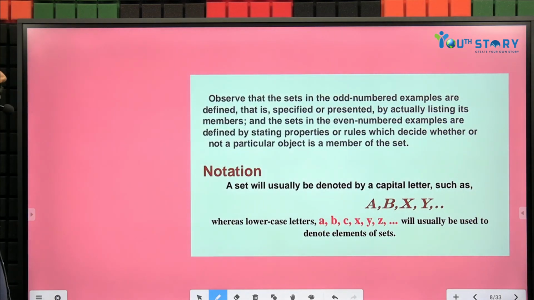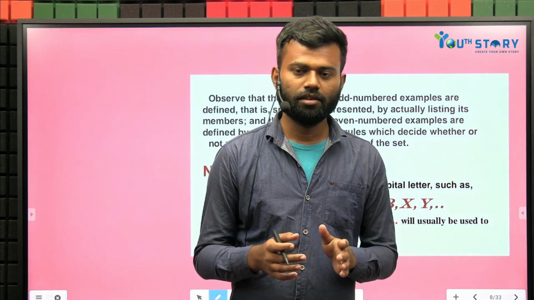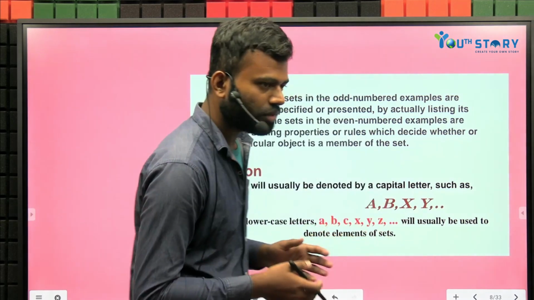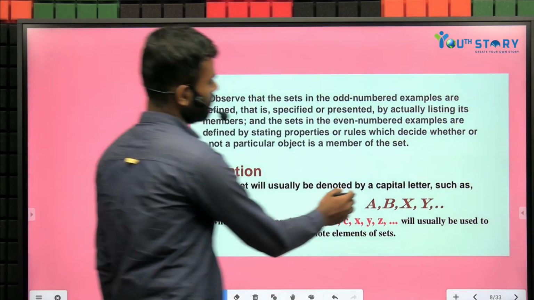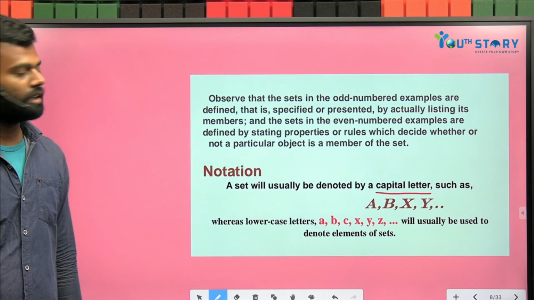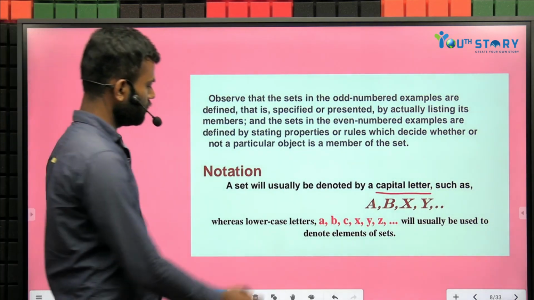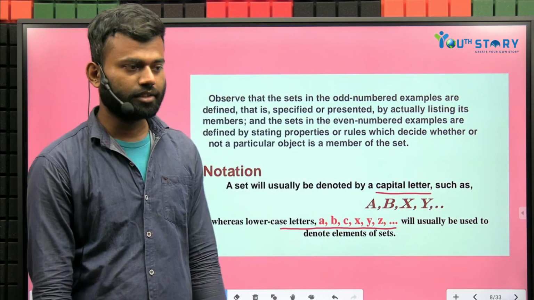Now we define the concept of set notation. We use capital letters from the English alphabet A, B, C, D, etc. for sets, and for elements of the set we use lowercase letters, small a, b.